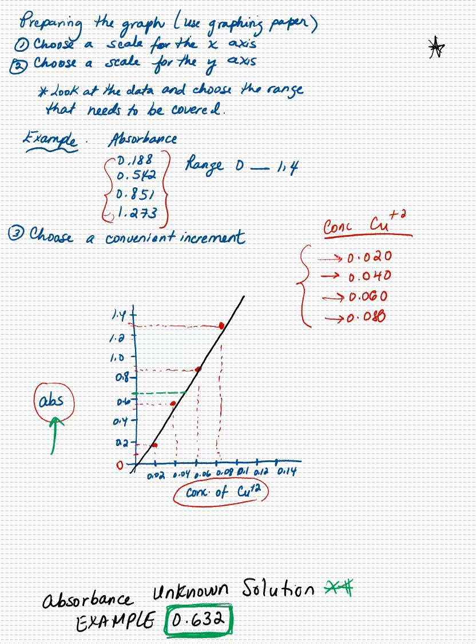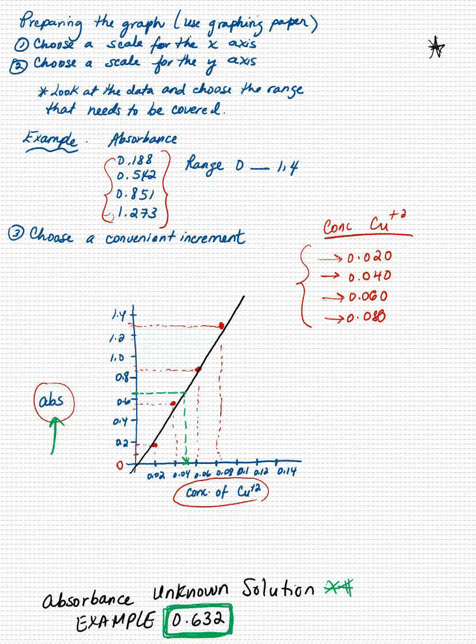So if you have your absorbance here in the y-axis because you measured that one, you can go from your absorbance value to the line, and from the line down to where the concentration is. So where those two meet, that's your concentration that corresponds to that absorbance value.